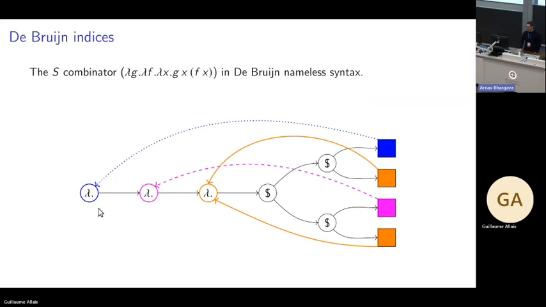So each binder is not carrying a name anymore. Well, here we have colors to help us, but it doesn't actually really matter. So we have a lambda, we have a second lambda, we have a third lambda corresponding to lambda x. And then we have some application nodes. At the top here, we have g of x, and here at the bottom, f of x. And every variable now is just a number telling you how many binders you need to cross to find the one that introduced the variable.